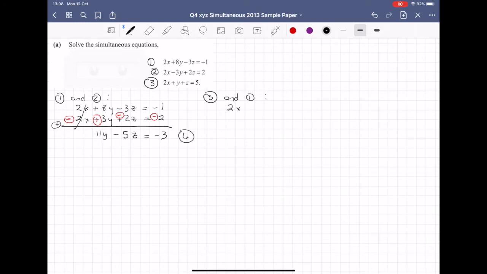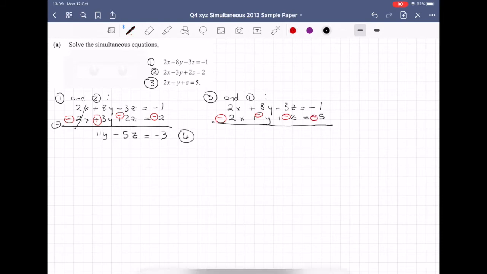So I'm taking 3 and 1 here, and I'm just writing them down. And 3 is 2x plus y plus z is equal to 5. You can see I've been quite strict keeping the x's over the x's, y's over the y's, and z's over the z's. That's just to make it easier for me to see what I'm doing. It's not for anybody else.